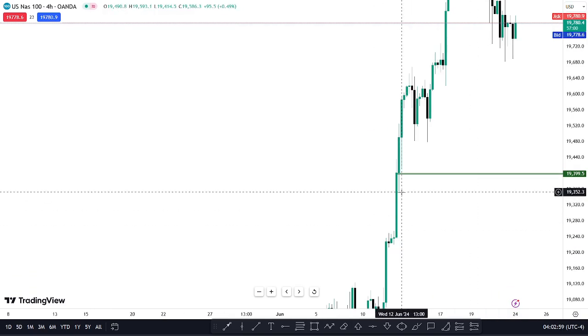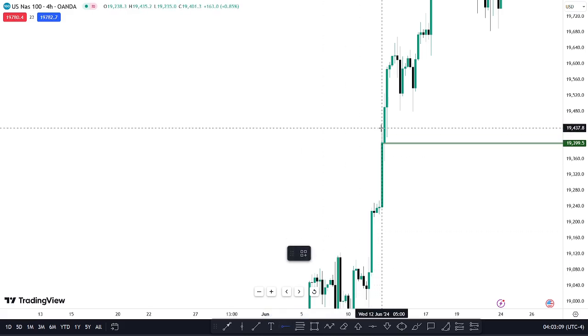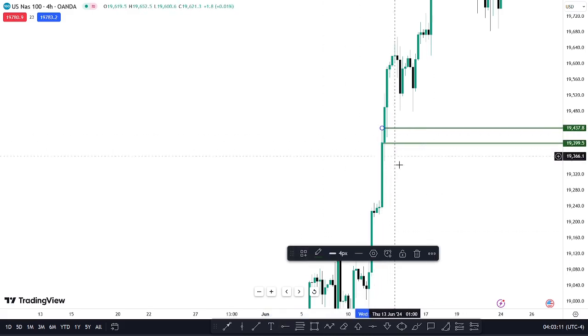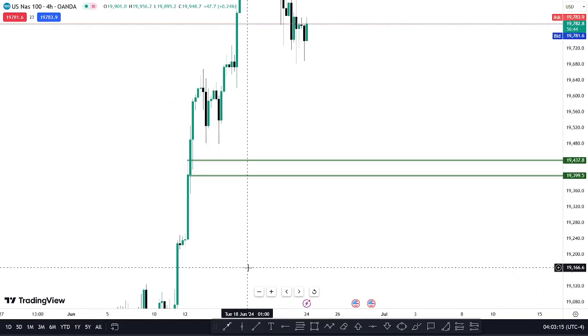So you will have this as a draw on liquidity coming into this fair value gap, and you will have this as the closest liquidity to take out. Which one would you go for? Obviously, this would be the closest one, unless the market tells you otherwise, because we are using time now.